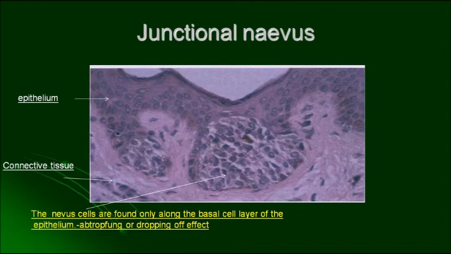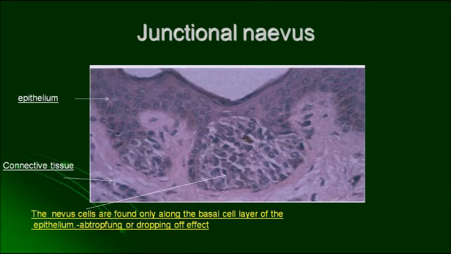In the basal layer you can see brown color pigmentation, those are nevus cells. Those nevus cells are present only along the basal layer. That particular appearance is called abstrophan or dropping off effect, because they are present only in the basal layer.